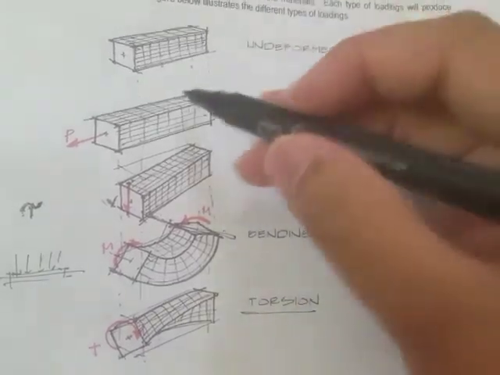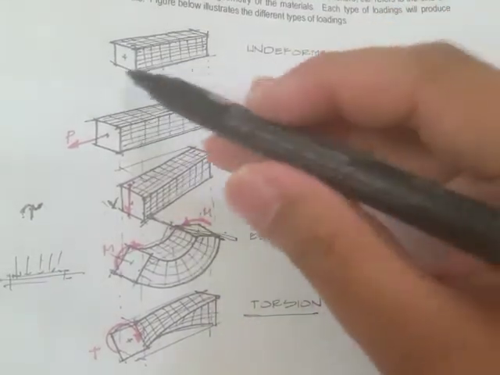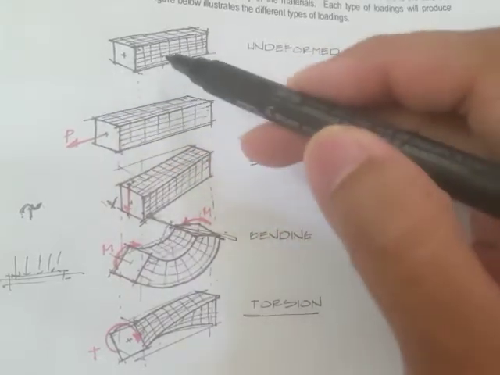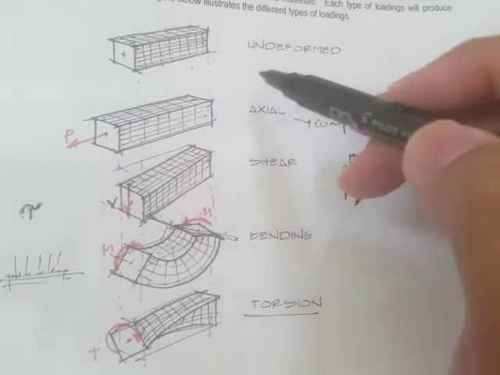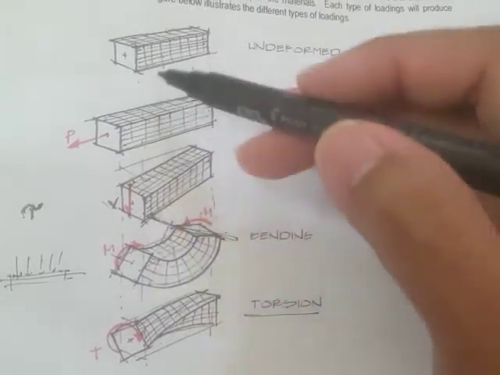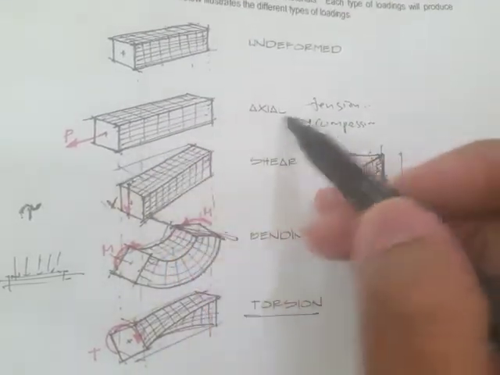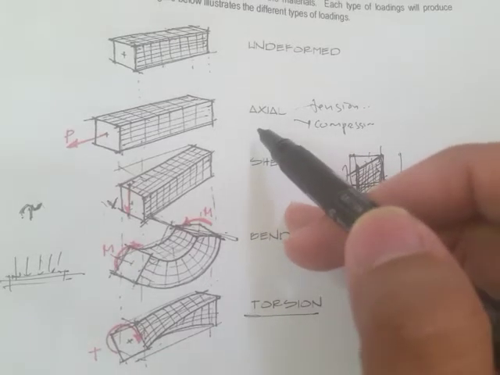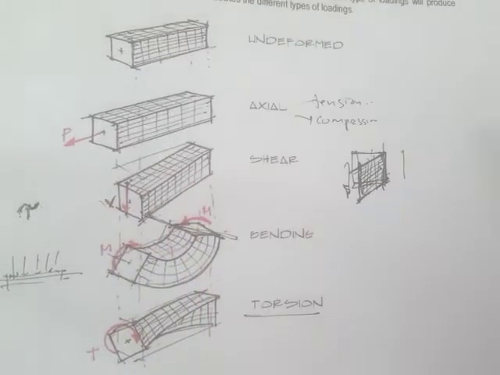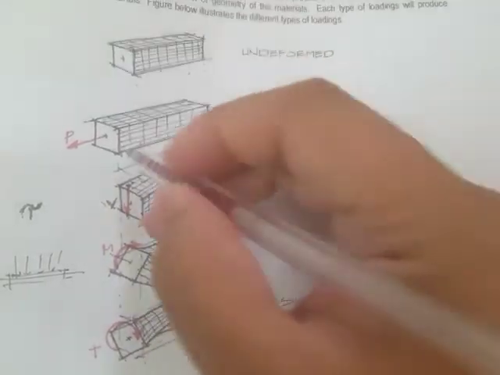We have here the undeformed geometry. You see here, there are no forces acting on the material, and this undeformed geometry will be the basis of comparison. When we apply axial loading, it's a loading that is perpendicular to the cross-sectional area right here.